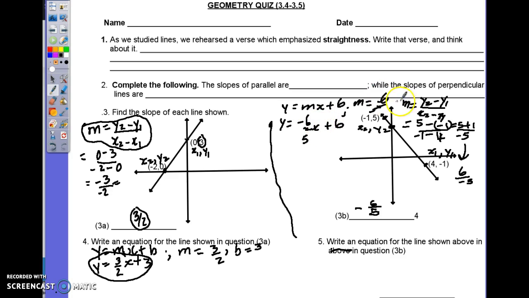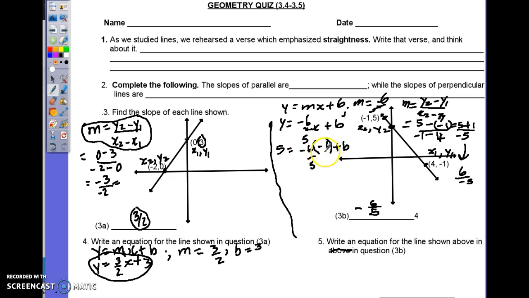So let's just choose this one as we did in class, this one here. That means when x is -1, y is 5. So 5 for y, -1 for x, and then plus b.